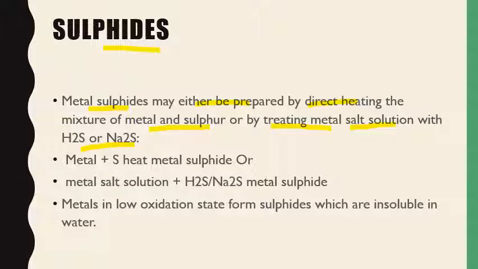When the metal salt solution is treated with hydrogen sulfide or sodium sulfide, it produces the metal sulfide. The other is the direct method, directly reacting with sulfur to give the metal sulfide. The metals in the low oxidation state form sulfides which are insoluble in water. The lower oxidation state sulfides are insoluble in water.